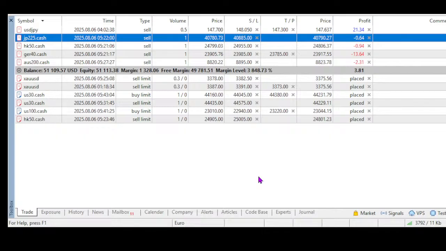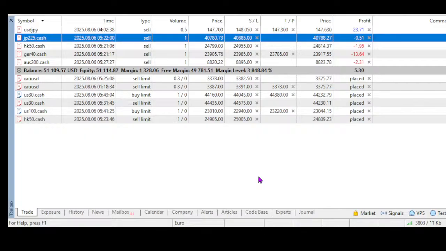So now what we are going to do is give one more check, one more check to arrest that problem of money management.